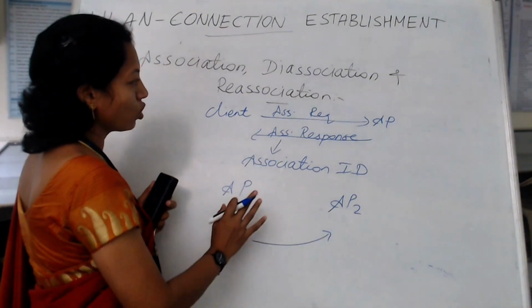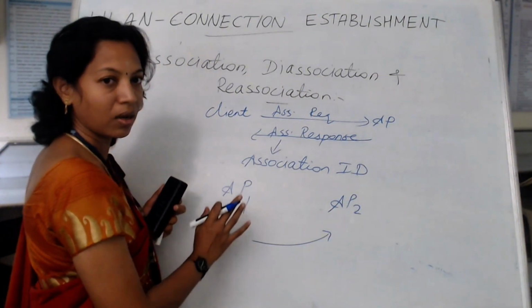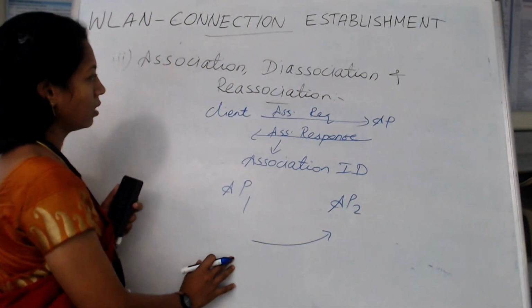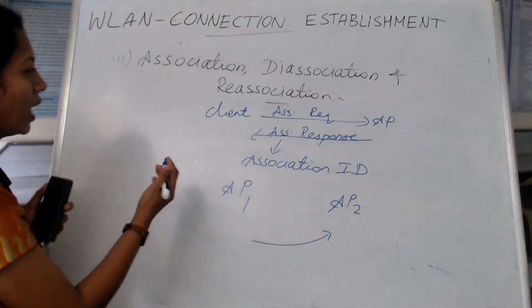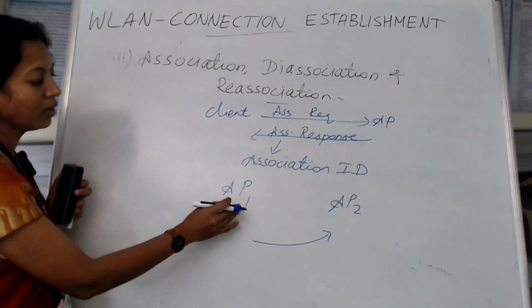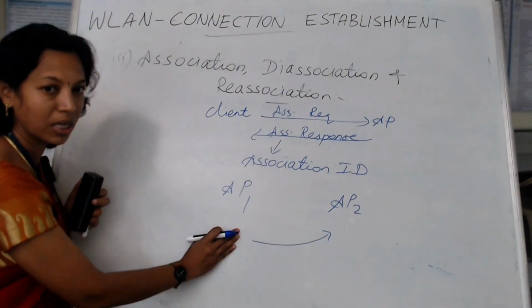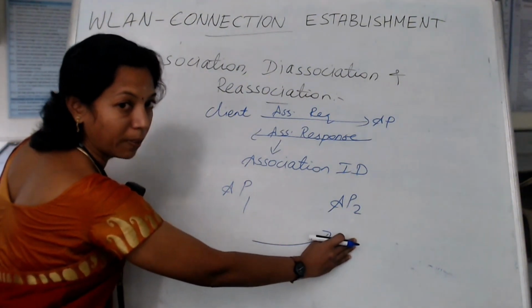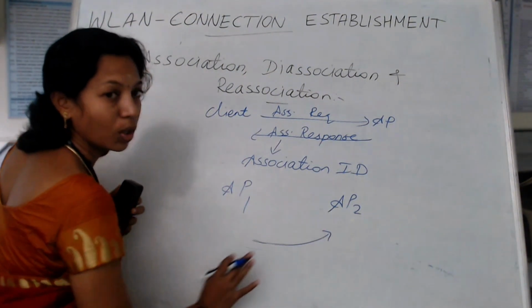That is also possible in this Wi-Fi technology. So we can associate with an AP, then disassociate from this AP, and then reassociate with the new AP while we are roaming.